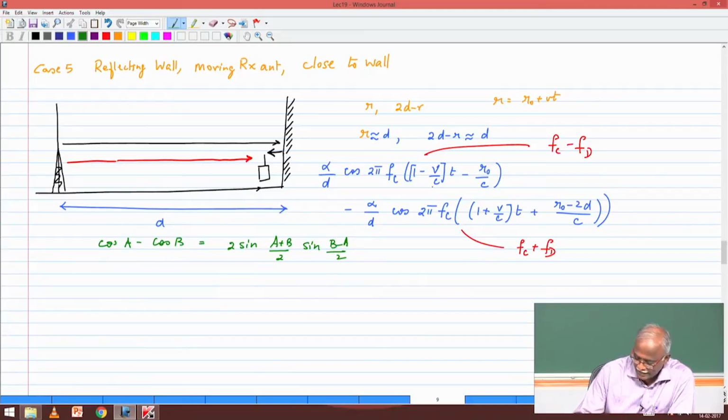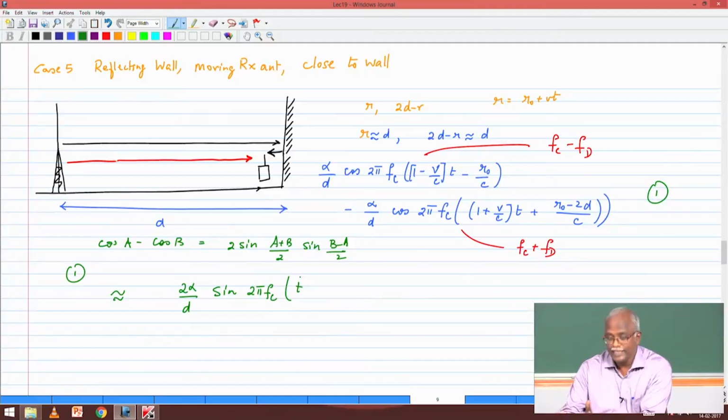So this expression, equation number 1, can be written as 2 alpha by d, sine of 2 pi fc into t, basically I am adding those two terms and dividing by 2, t minus dc by 2. The second term will be the difference of the two components.